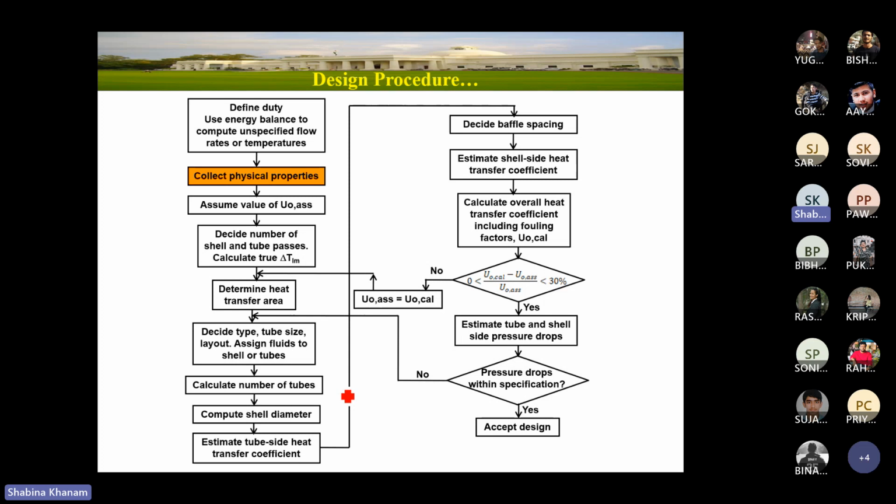Right? And let's say for the process fluid, or for one fluid, inlet and outlet temperature will be given to you. So you need to find out the average temperature, and that average temperature you need to locate over here. Let's say that average temperature is 60.